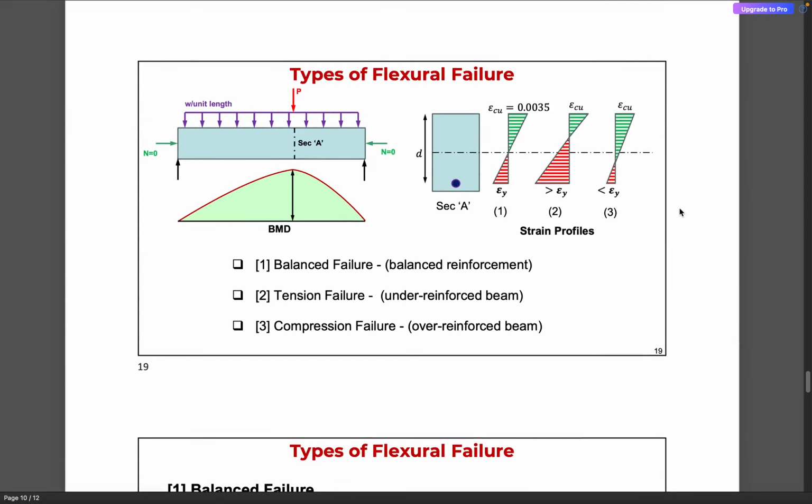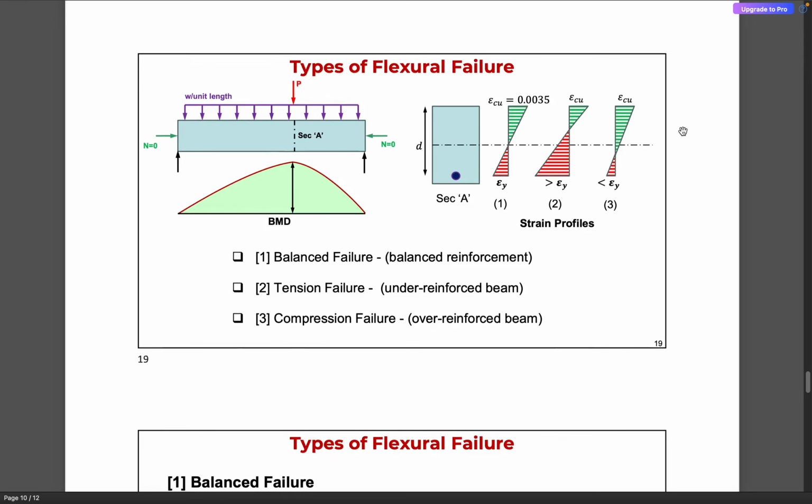So we discussed the different types of flexural failures. It can be a balanced failure, where both the failure of concrete in compression and the yielding of steel in tension take place at the same time. And we have the under reinforced beam, that is a tension controlled failure where there is yielding of reinforcing steel first before the concrete achieves its compressive failure.